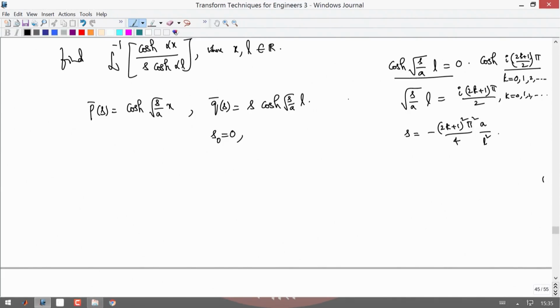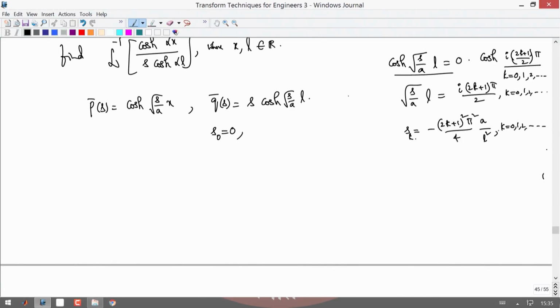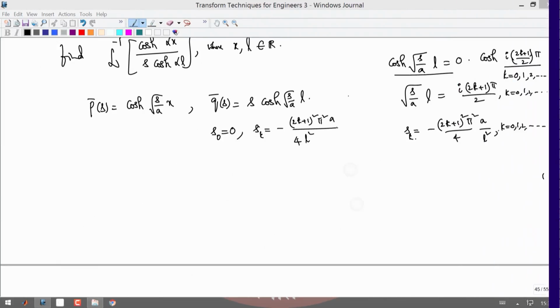So this is exactly your sk, for k from 0, 1, 2, 3 onwards, for which q bar of s is 0. So sk is minus 2k plus 1 whole square pi square a by 4 l square. These are all distinct negative roots.